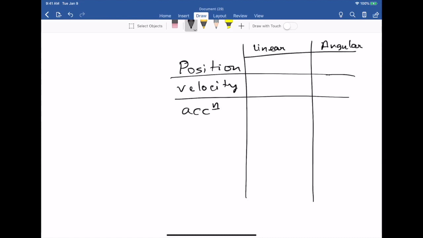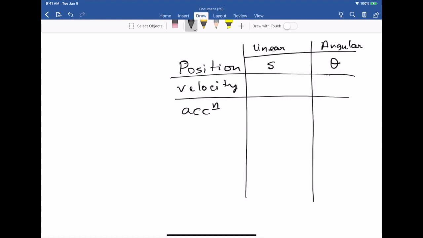Okay, so for a point mass that's going in a circle, its position would be the arc length s, and its angular position would be the angle theta that it makes, right? So this is chapter 9, beginning of chapter 9.